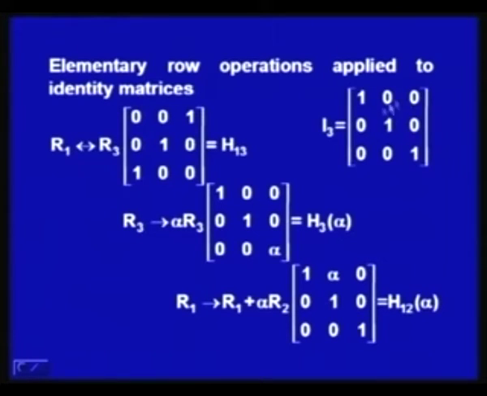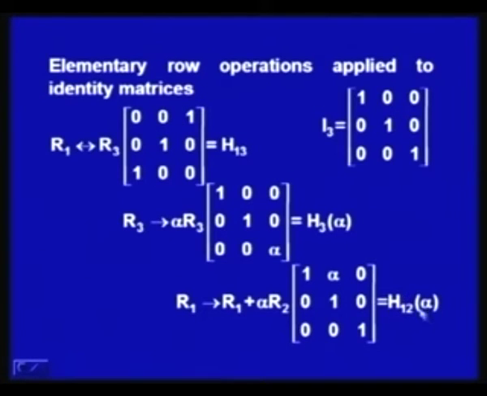When added into this, it is 1 alpha and then 0. So, this operation is called H12 alpha, because alpha is a constant to be multiplied by the second row and added into the first. So, we have 3 different operations H13, H3 alpha and H12 alpha.